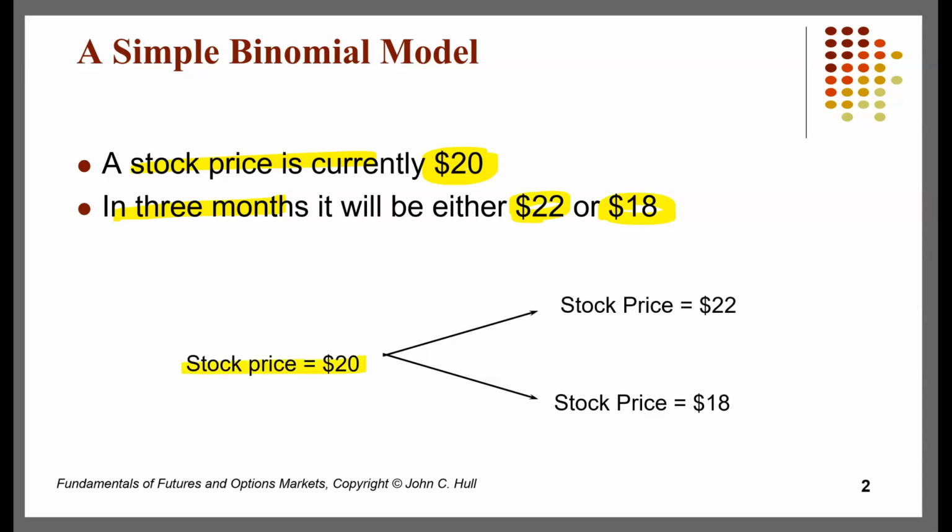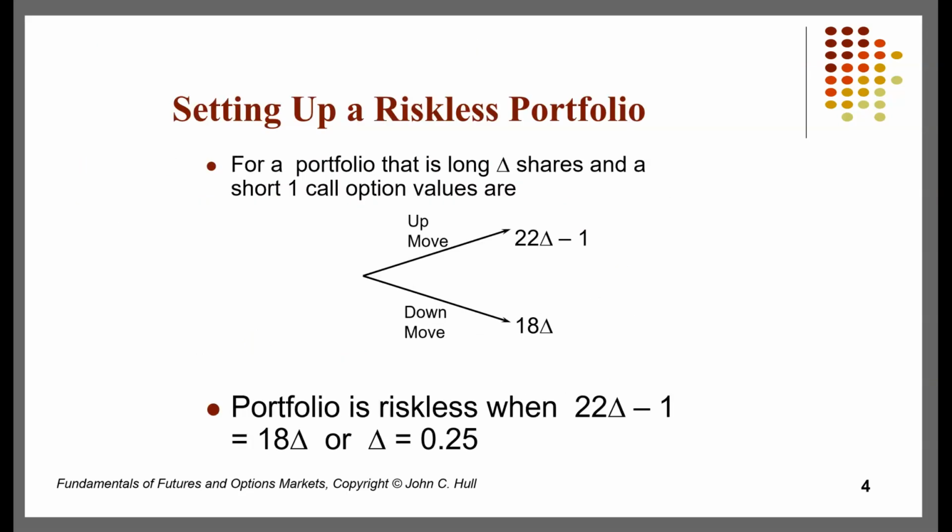So that's today's price, and this is what we call S0, and this is what we call S up, and that's called S down. And the value of the delta in this case, we found that to be equal to 0.25.